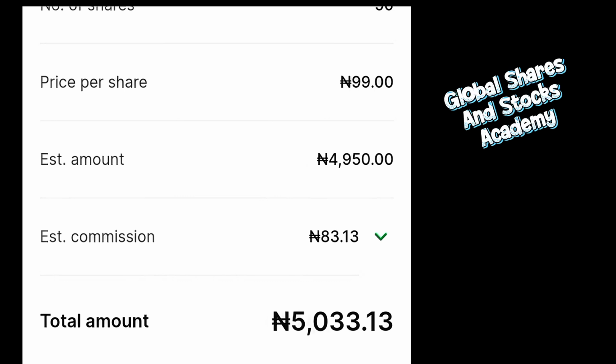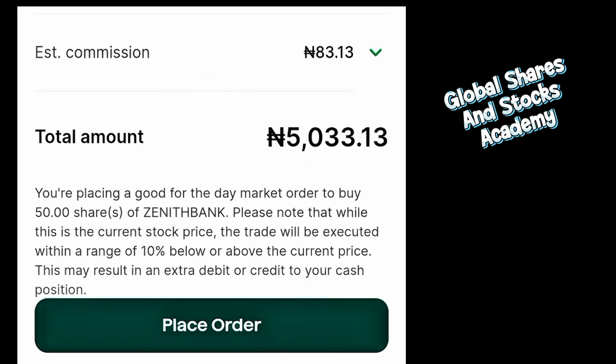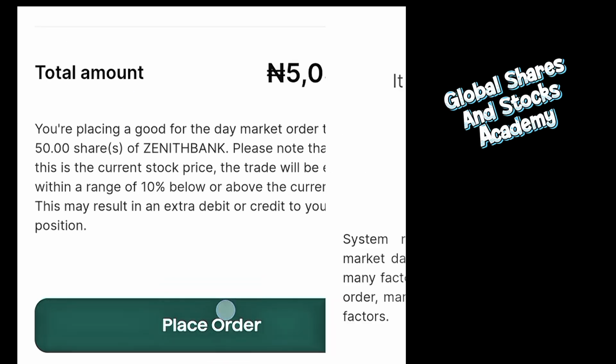Estimated commission is 83 naira 13 kobo. So here is the total amount you will be paying to buy these Zenith shares currently at this price. So let's click on place order.